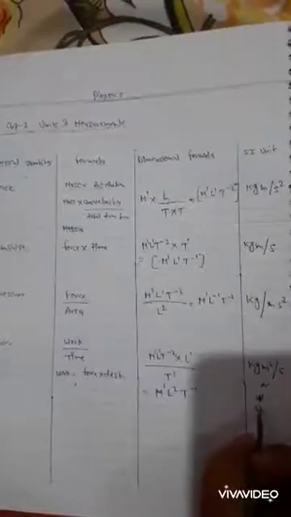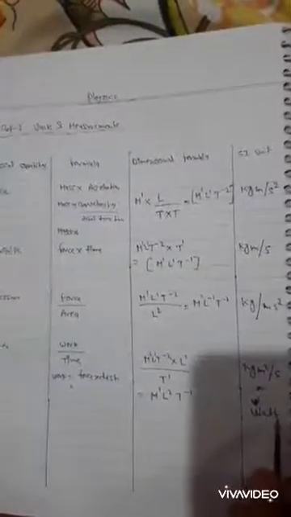So the SI unit of power is kg meter square per second, which we also call watt.